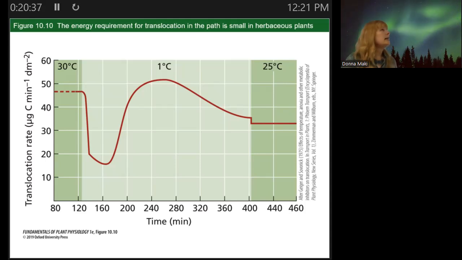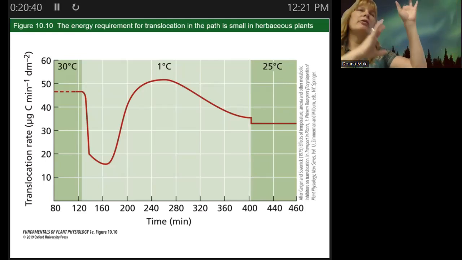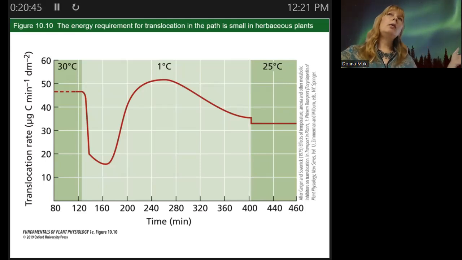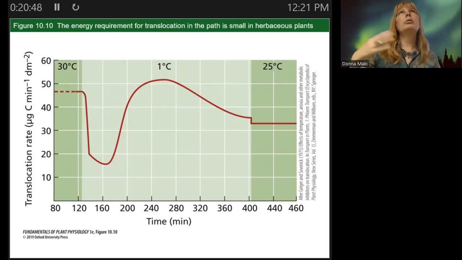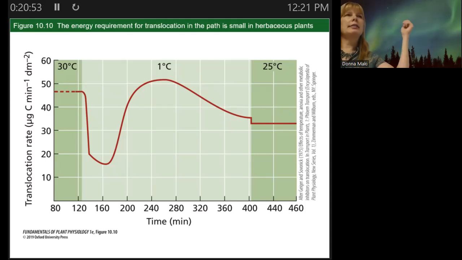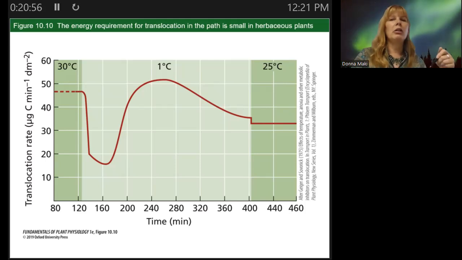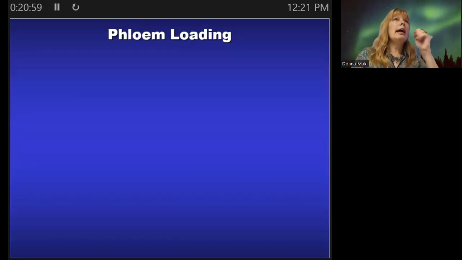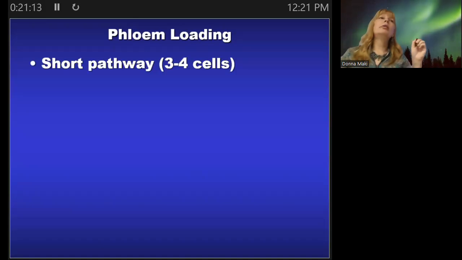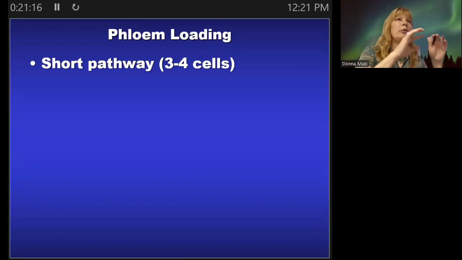Okay, what we've just been talking about is we focused on the sieve tube element. But of course, they're very curious to see, well, you have the palisade parenchyma cells, you have the spongy parenchyma cells, they're all doing photosynthesis, and somehow that sugar has to get to the veins. How does that happen? There was a lot of thought into that. When they look at the fine anatomy of leaf tissue, leaves are just amazing, because when you look at the venation pattern, on average there's a maximum of 3 to 4 cells before you hit a vein.